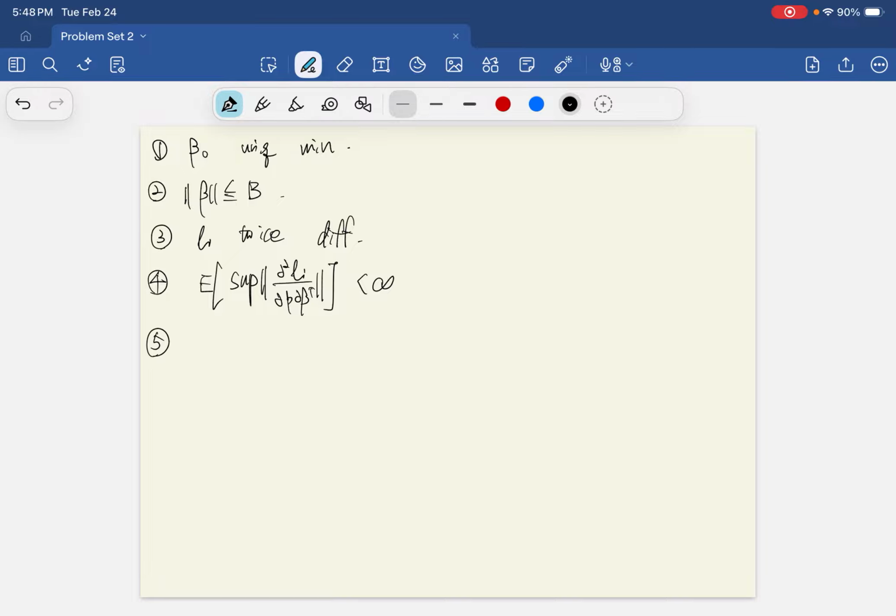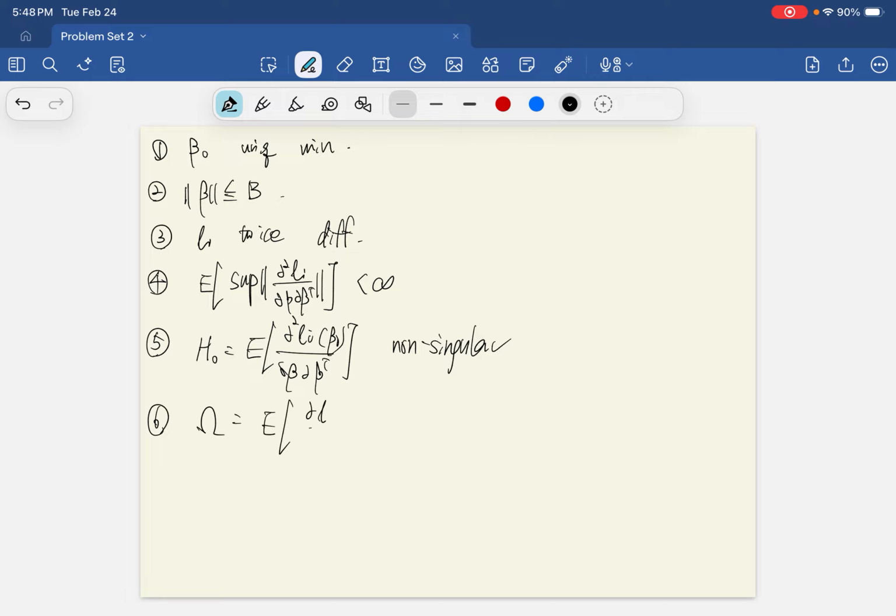And 5, H0, which is the expectation of the second order derivative at the true value, is non-singular, proved it. And 6, omega is the first derivative times the first derivative at the true beta, right? These were the sufficient conditions for asymptotic normality.